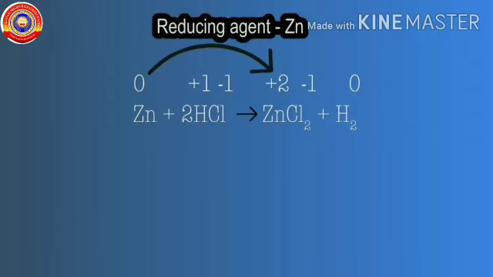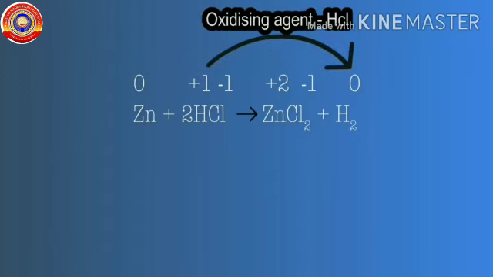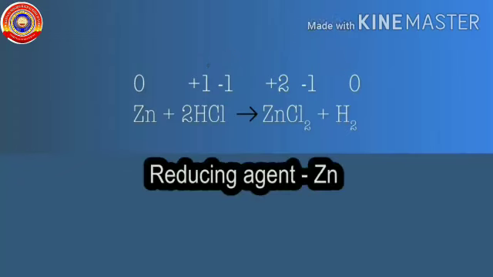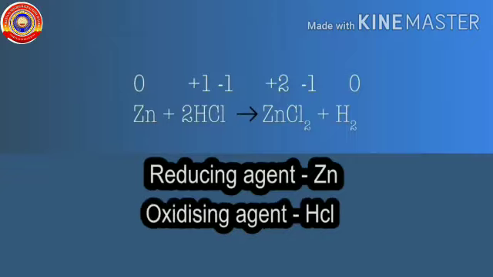Here the oxidized atom is zinc, but the oxidation number of hydrogen decreases from +1 to 0, resulting in reduction, and it acts as an oxidizing agent. In this reaction, zinc acts as a reducing agent, whereas hydrogen chloride acts as an oxidizing agent.